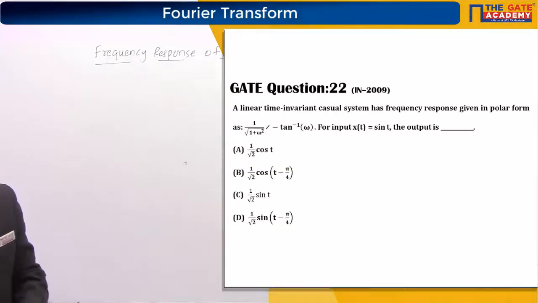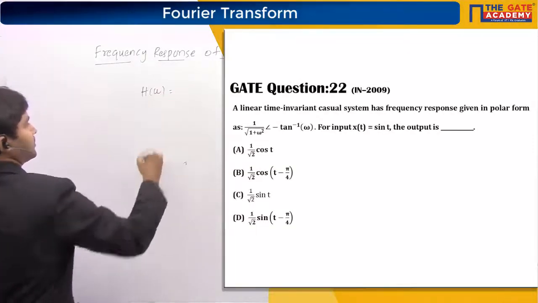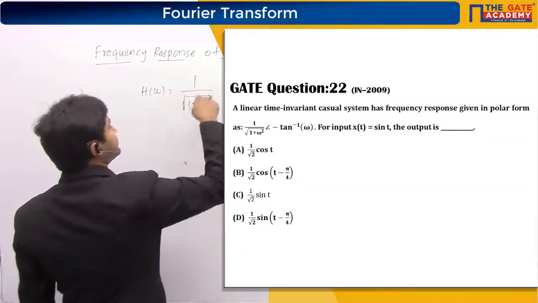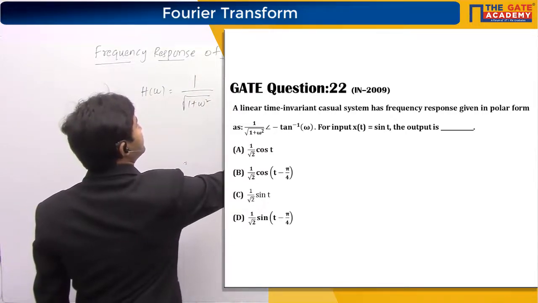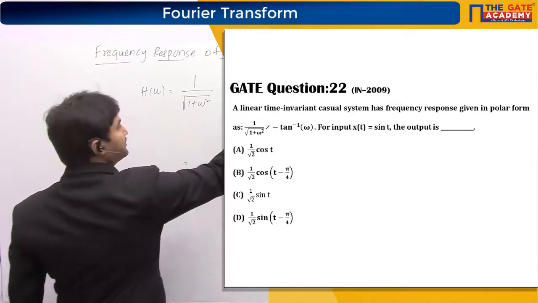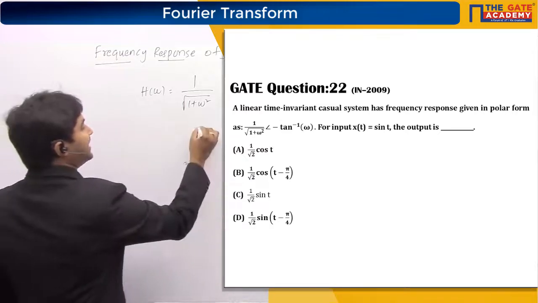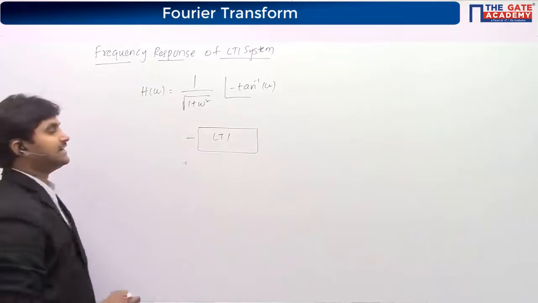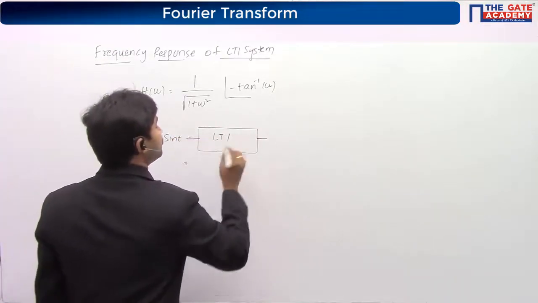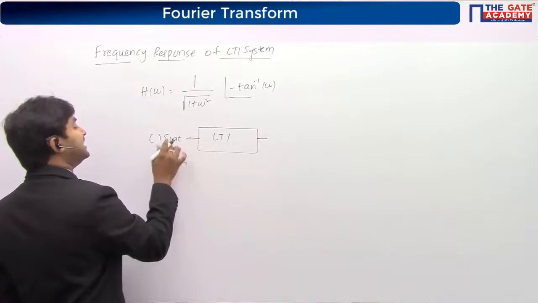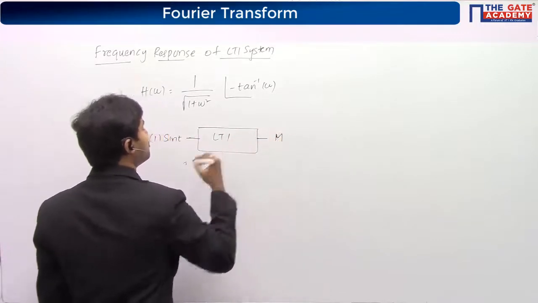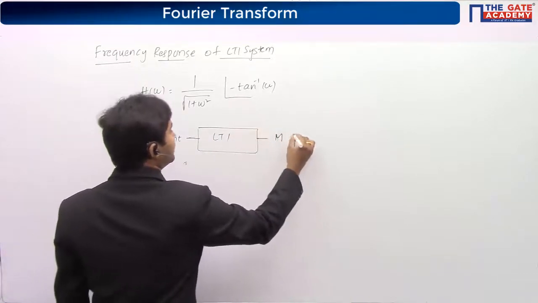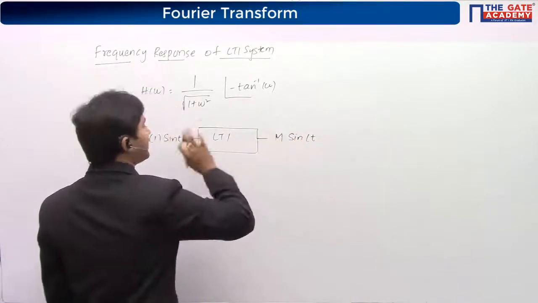Here H of omega is given in polar form, having a magnitude of this one and a phase of minus tan inverse of omega. Your system is an LTI system, the input is given as sin t, and the output is asked. What we know is that for a sine input, the amplitude is going to become M into 1, which is M itself, into sine of t plus some phase.